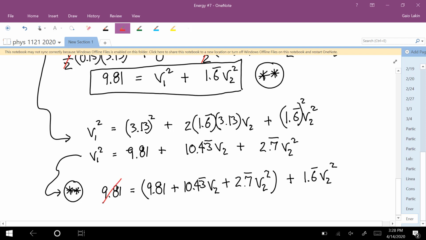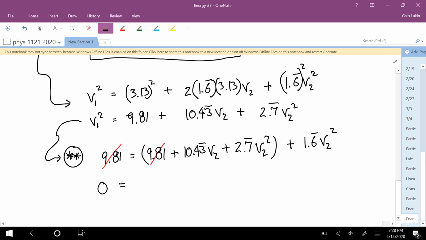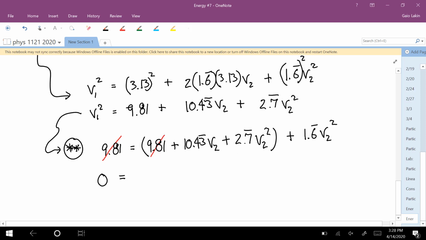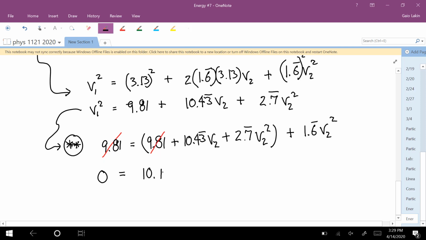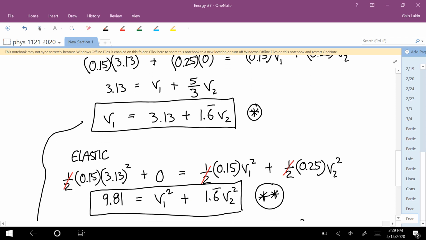For all the problems where one of the objects is at rest before the collision, you get a cancellation of the constants. And so we get 0 is equal to 10.43 v2 plus... oh, this isn't positive.